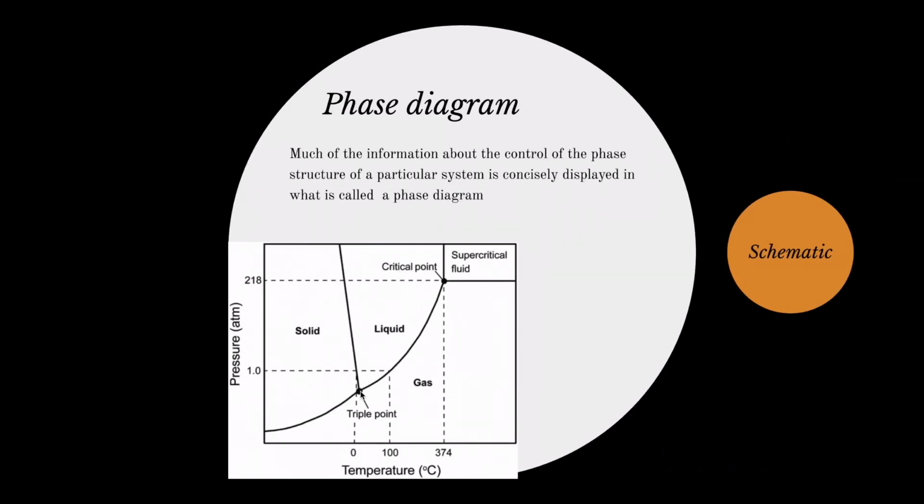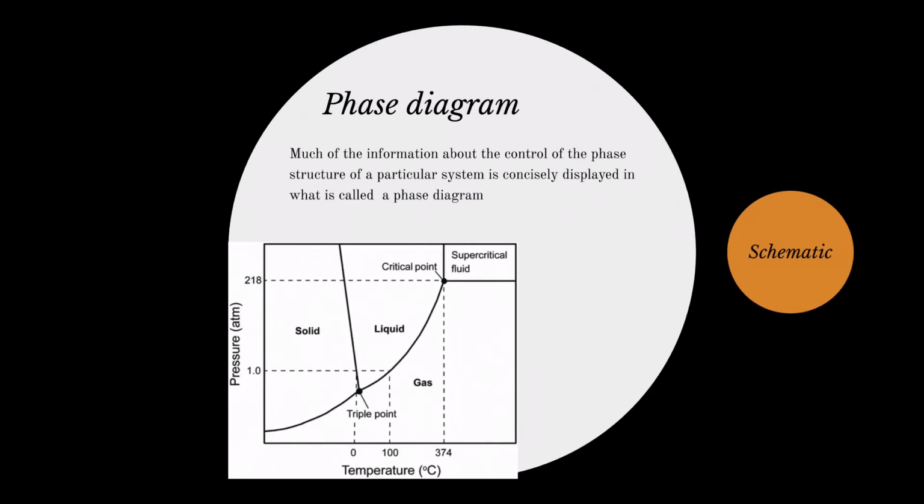If we observe closely, it has this triple point here. This is pressure on the y-axis and temperature on the x-axis. So if we change temperature and pressure, we can change the phase as we want, right? So that's water.